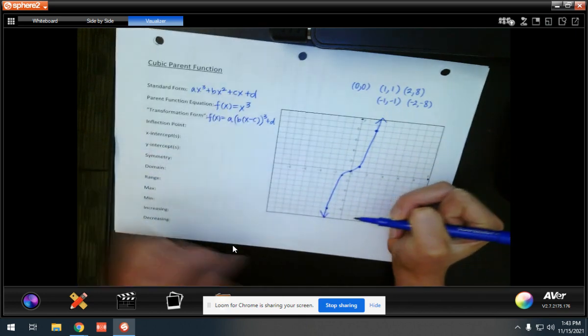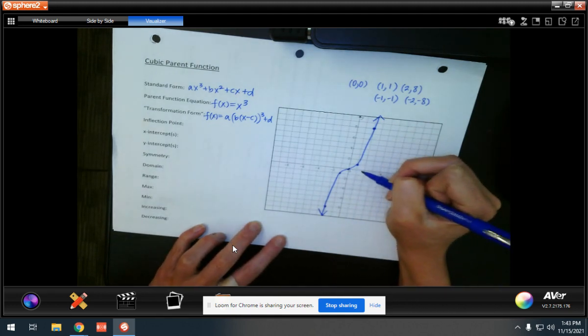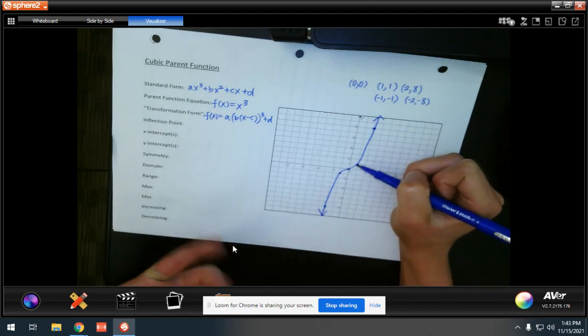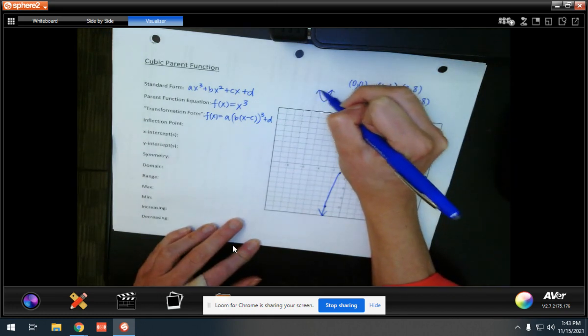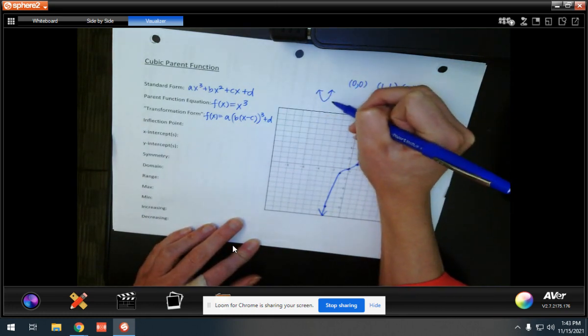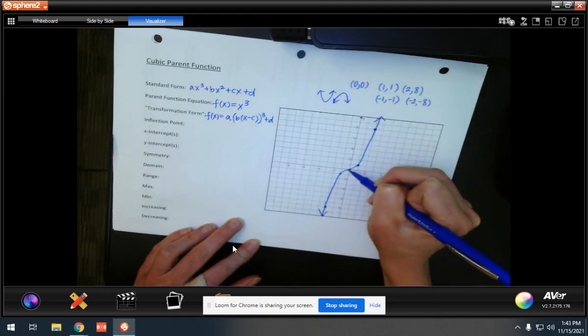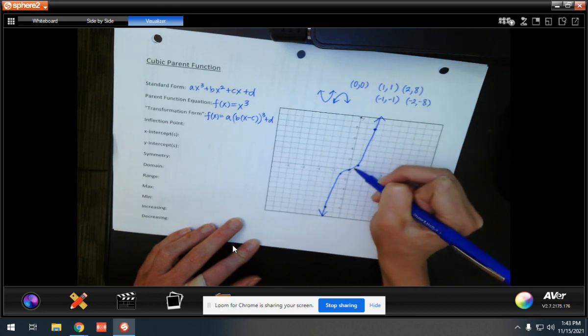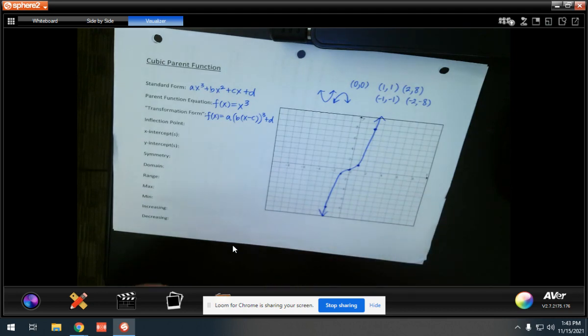And so this point in the middle where it changes concavity, when we were talking about quadratics, we had a happy parabola. That's considered concave up. If you have a sad parabola, it's concave down. And so right here where we have this concave up piece merged with a concave down piece, that's called an inflection point.